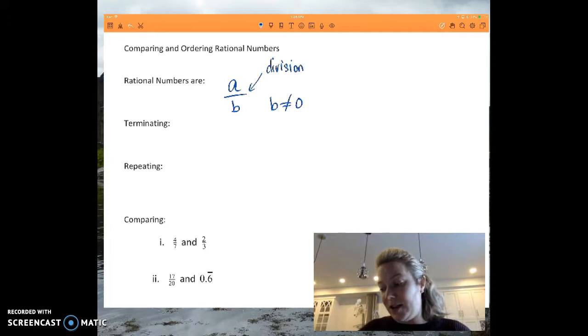Remember, we talked about that in the very first unit, or the very first lesson. So when you actually divide A by B, you either get a terminating decimal or a repeating decimal.